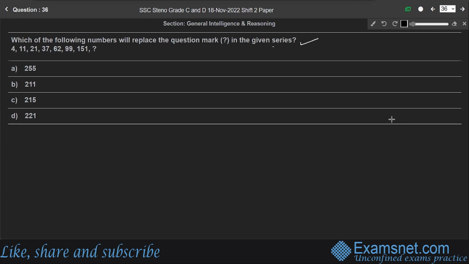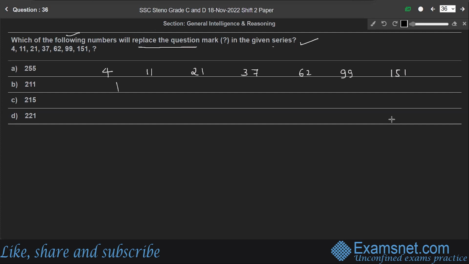Question 36. Which of the following numbers will replace the question mark in the given series? In the series, the first number is 4, the second is 11, the third is 21, the fourth is 37, then comes 62, 99, then 151. We need to find the last number.